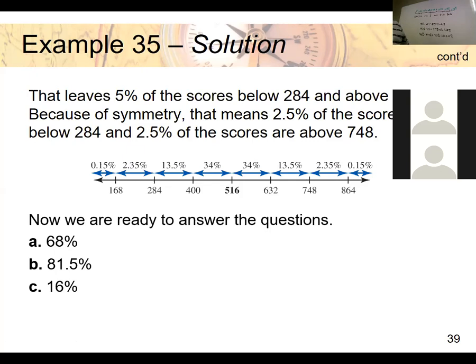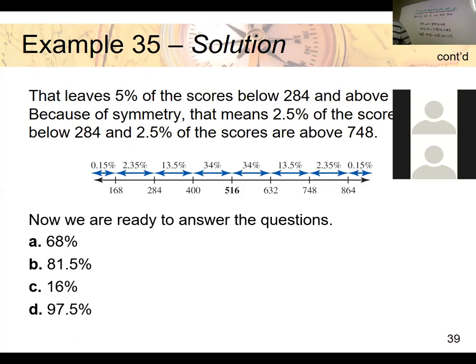And finally, part D, where more than 284. Take a look, here's 284 right here. More than is everything to the right of 284. So you have to add 13.5%, 34%, another 34%, another 13.5%, 2.35%, and 0.15% to end up with 97.5%.